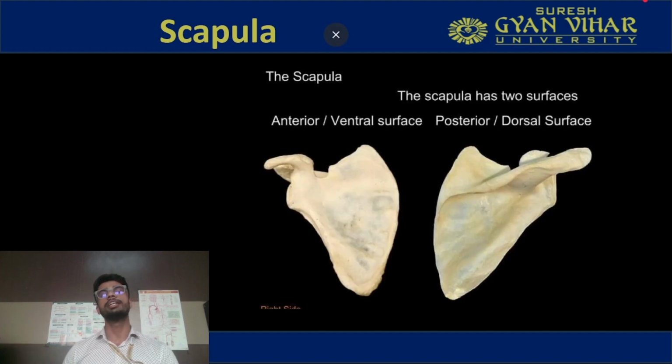But before understanding that, we must know what the anterior or ventral surface of the scapula is and what the posterior or dorsal surface is. The surface which does not have any ridge is the anterior or ventral surface. You can see it in the very first diagram also. The surface which has a spine is called the posterior or dorsal surface.